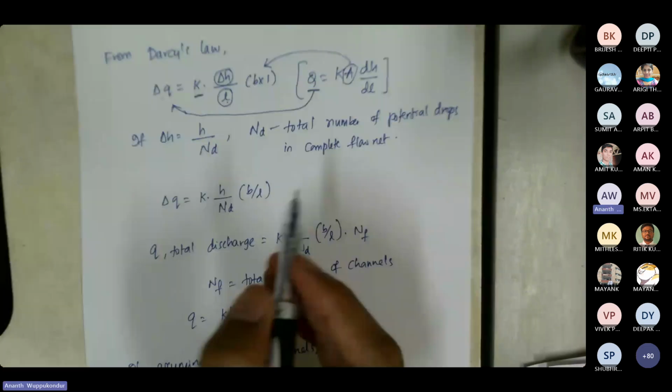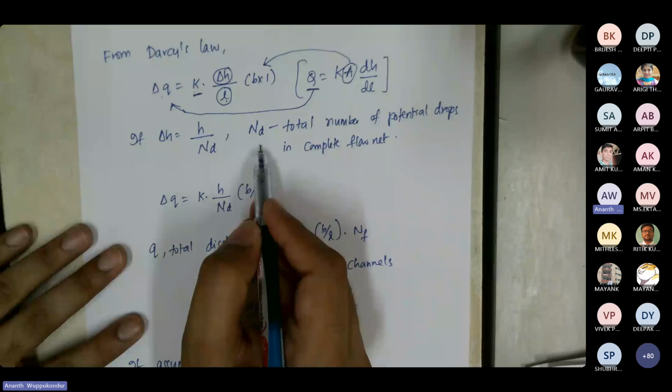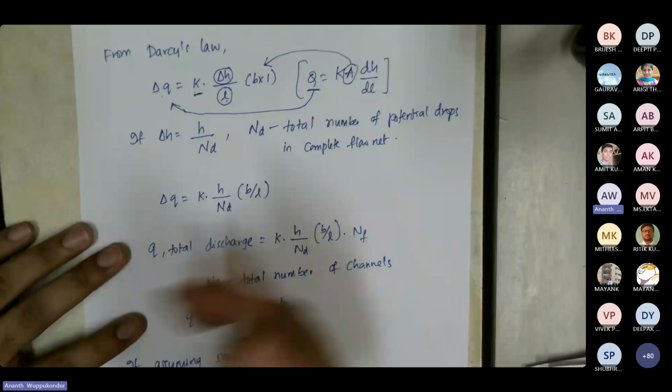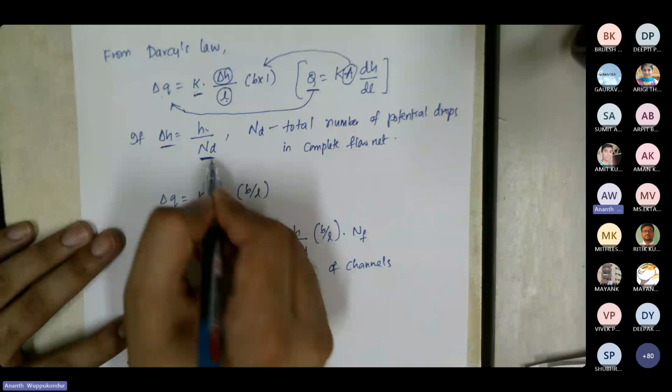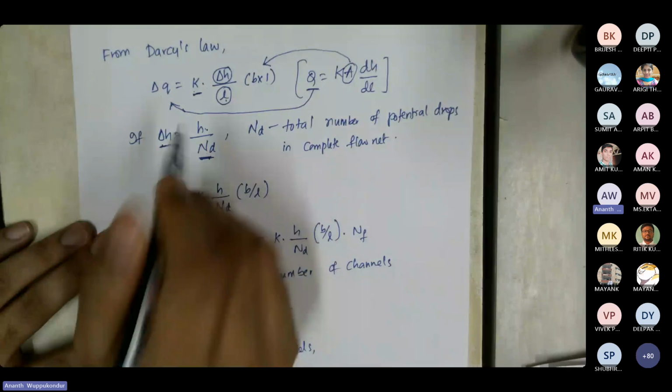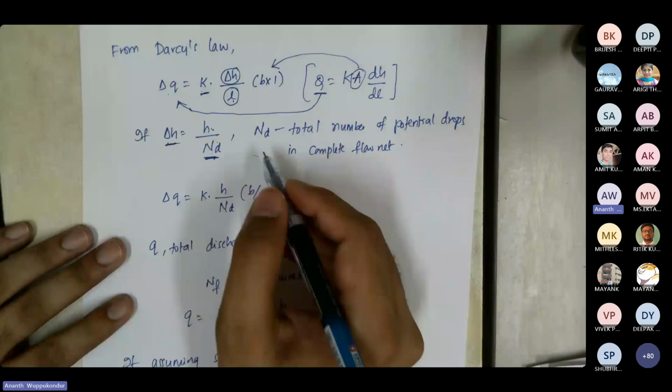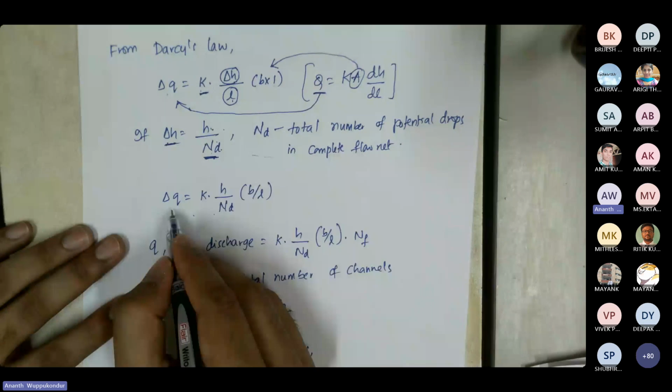Then delta H would be H divided by ND. We have the total head, and we know the number of drops, so each individual delta H for the small elements would be H by ND. If you replace delta H with H by ND in the above equation, you get delta Q equals K times H by ND multiplied by B by L.